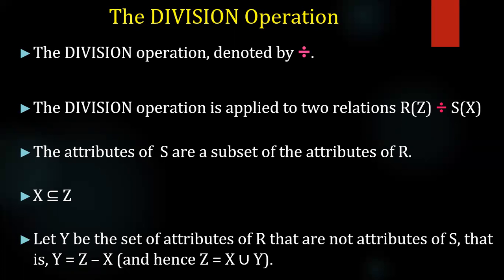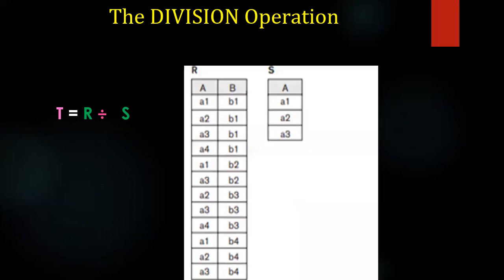Now we'll see an example of how the division operation works. I have relations R and S, apply division, and the result is stored in relation T. Relation R contains attributes A and B, relation S contains attribute A, and the resultant relation is T. What should be the attribute in relation T?